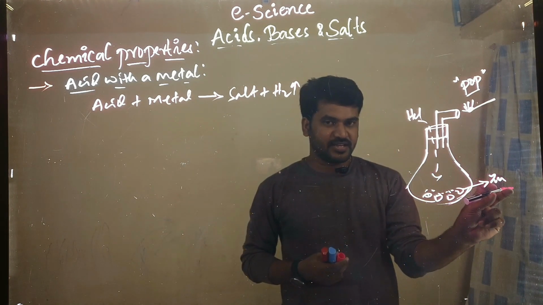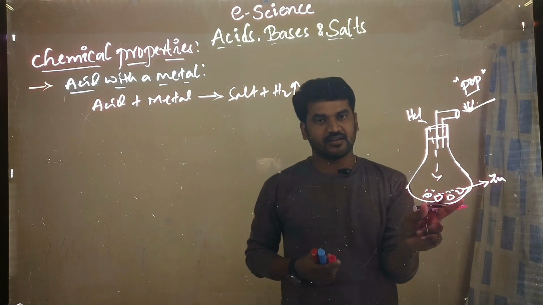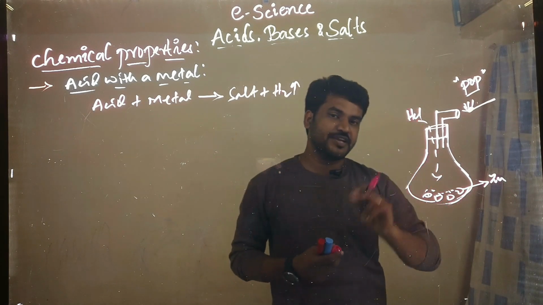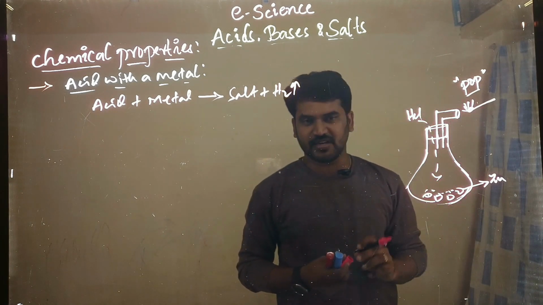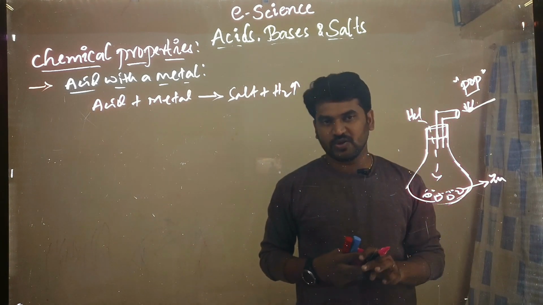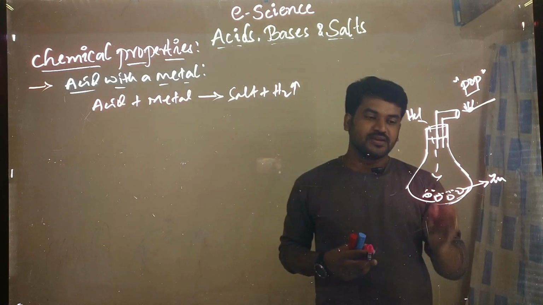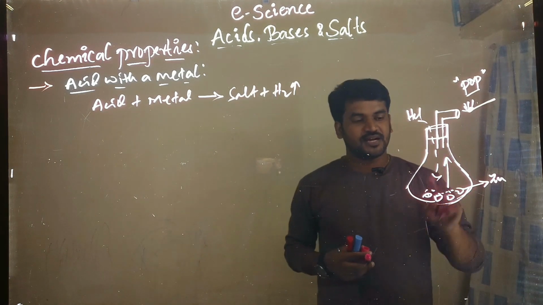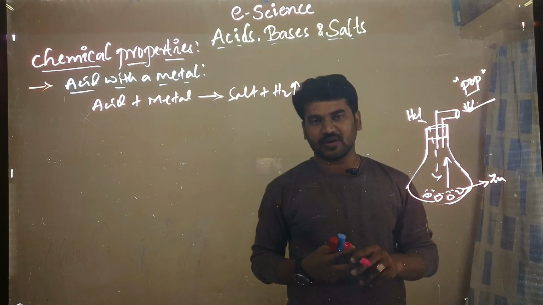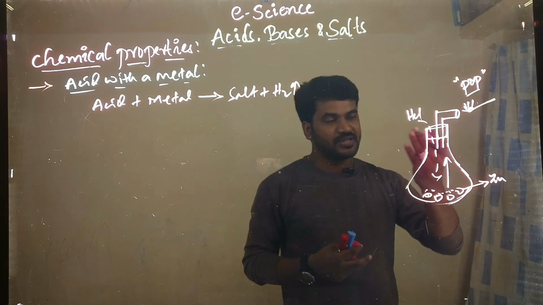When we take zinc granules in a conical flask and add hydrochloric acid, the hydrochloric acid reacts with the zinc granules, and a reaction is going on there that is releasing a gas. That gas comes outside through the delivery tube.